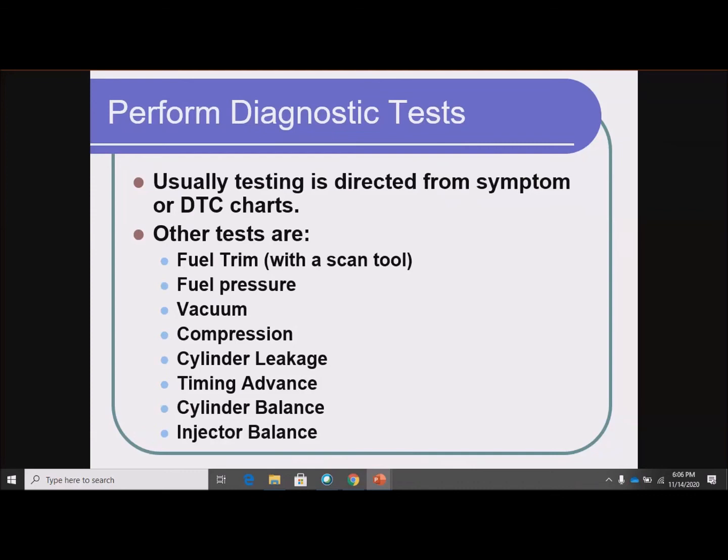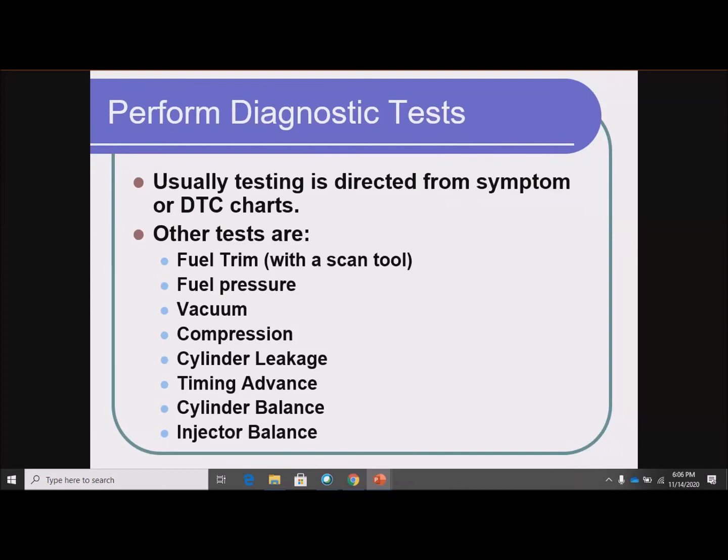So we're going to talk about all of these sorts of testing, and unfortunately, with the shop kind of shut down, some of these we may never get to actually demoing. We've done a lot of them. I know we've looked at a lot of them, but some of them we may not. One that's not on here is relative compression. And we'll talk about that, I guess, with the compression test.